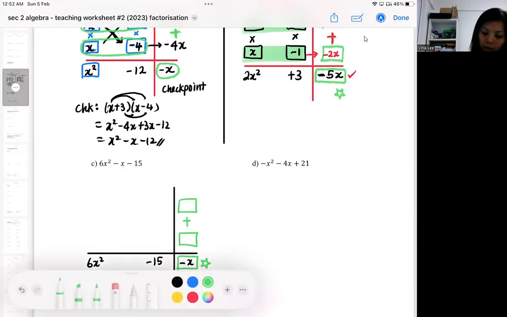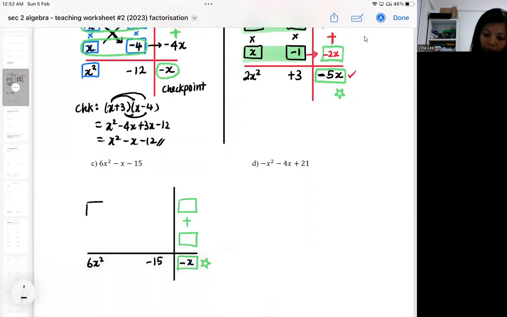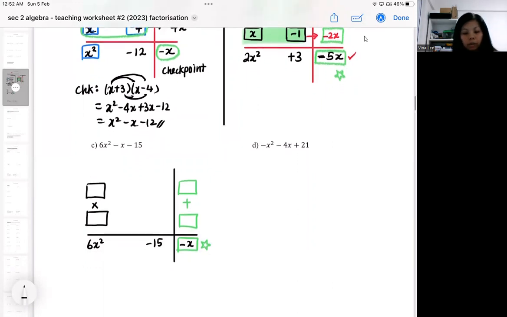Okay, so now I'm going to try here. There's a lot of choice for this one. 6x squared, I can do a 6x times x, or I can do a 3x times 2x. So there's a lot of choice that you can try for 6x squared. Here, you also got a lot of choice.